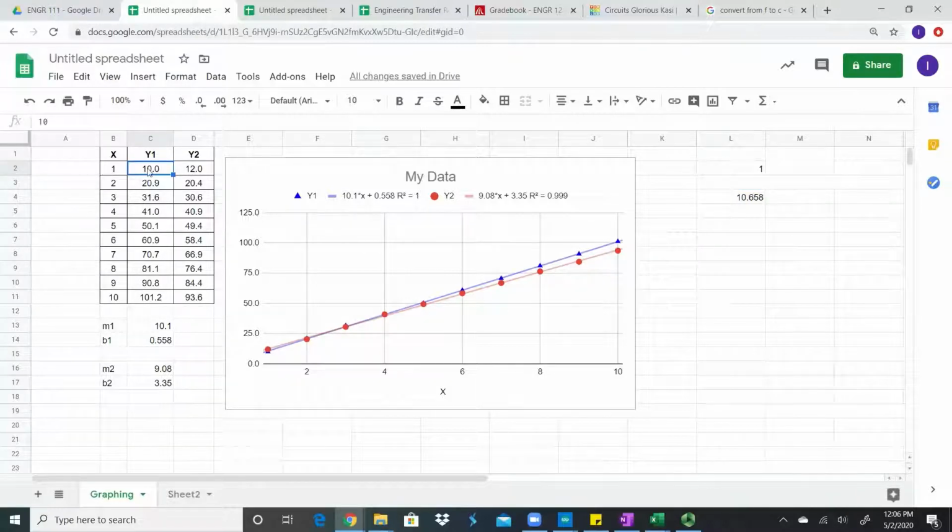That was 10.0. It's not exact because remember, we made an equation, we made a model. So it's not perfect, it's just going to tell us approximately what it should be based off of our data. Again, if I put a 2 into here, then I get something very close to 20.9. And if I put a 3 into here, I get something that's close to 31.6.